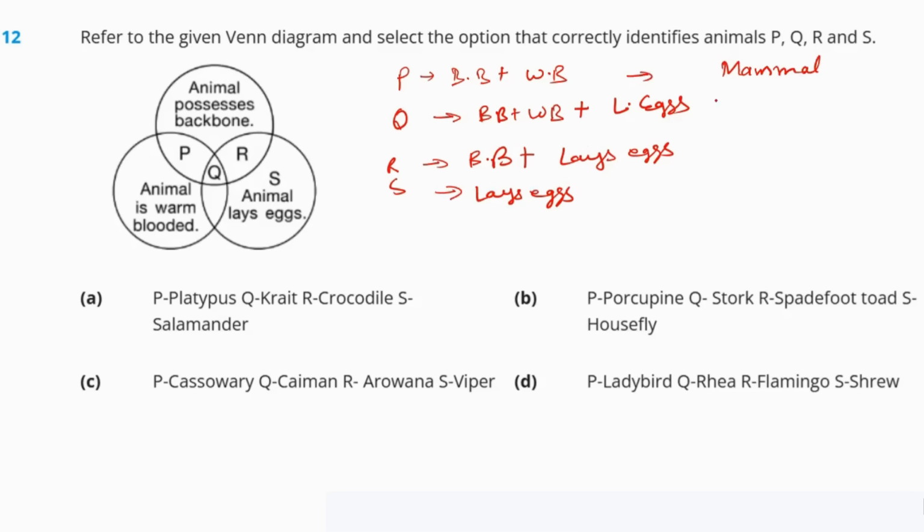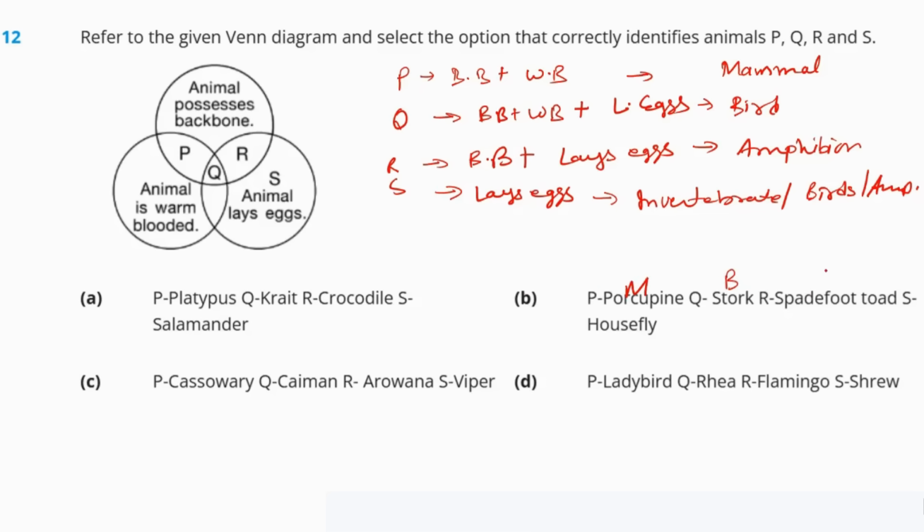Mammals and birds only, right? Q would be a bird. R would be an amphibian, right? And the ones who would be laying eggs, there can be many. We will write invertebrates, birds, amphibians, right? These all would be laying the eggs. Now, if I keep one by one over here, I would be getting P porcupine, it is a mammal, stork is a bird, spadefoot is an amphibian, and house fly is an invertebrate insect. So my answer would be option number B here.